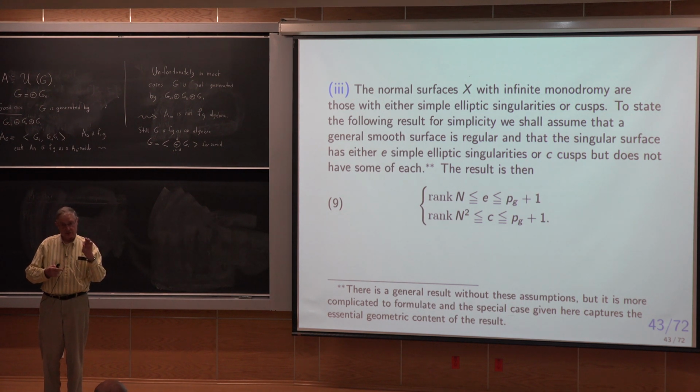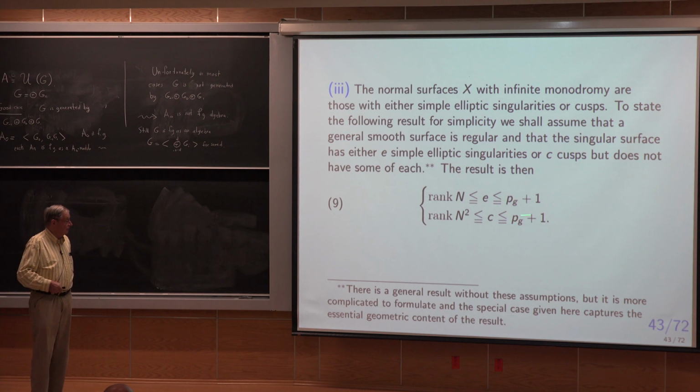It's like the vertex of a cone. It's not known how many of those you can have. Even for smooth surfaces in projective 3-space, there are rough bounds, but nobody knows a good bound on how many of those you can have. But once you get elliptic singularities or cusps, then there are these good bounds, and these are realized in examples.